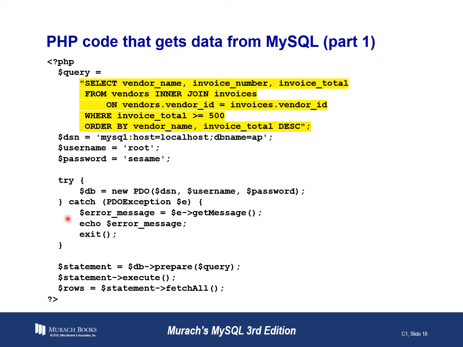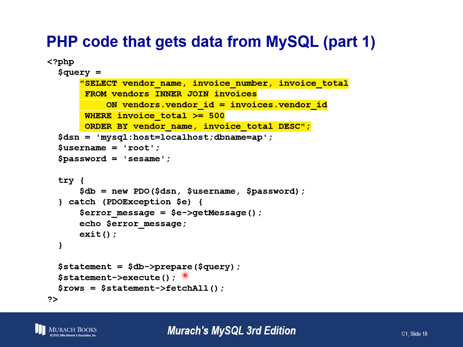If things go wrong, then show us some error messages, etc. But if things go okay, then move on to the next part, where the statement is equal to $db, and we are saying prepare this query. We're going to prepare it for execution. That's the first step. The second step is to actually execute.